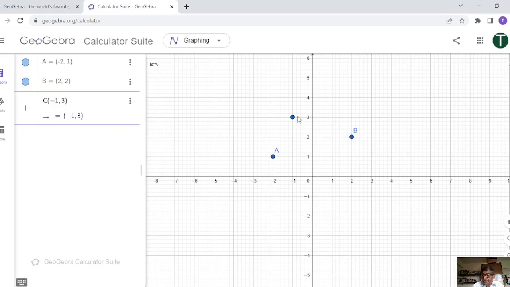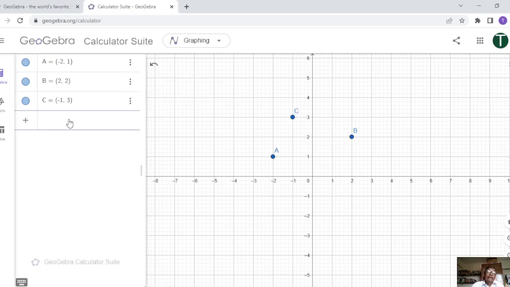And this point C is created. Now I say that to uniquely define the ellipse, A and B will be the foci and C will be on that ellipse. Okay, that is what I want to do.